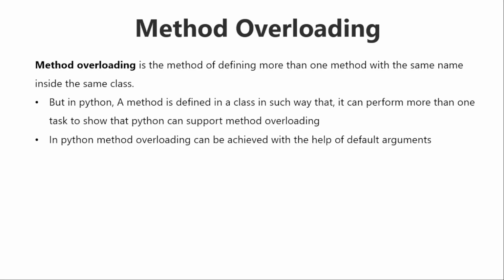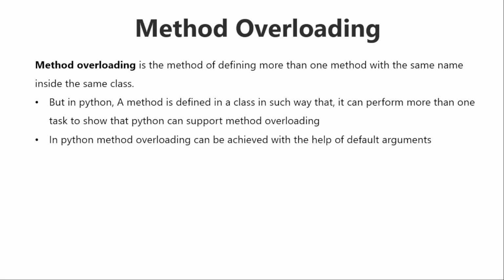But we can achieve method overloading in Python by following certain conditions. In case 1, a method is defined in a class in such a way that it can perform more than one task, to show that Python can support method overloading. In case 2, method overloading can be achieved with the help of default arguments. We have discussed default arguments in functions.